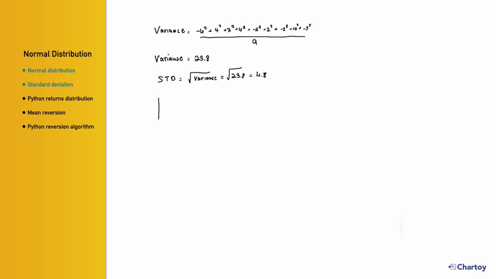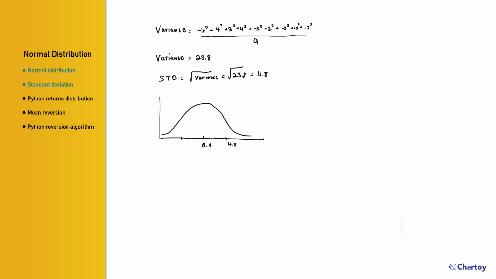So let's look at how a normal distribution of our stock returns is going to look. Of course, the reality is not going to be like this, but we will see later. Let's say that the average is here, 0.1, and one standard deviation in this case is 4.8 and -4.8, because we just calculated them.